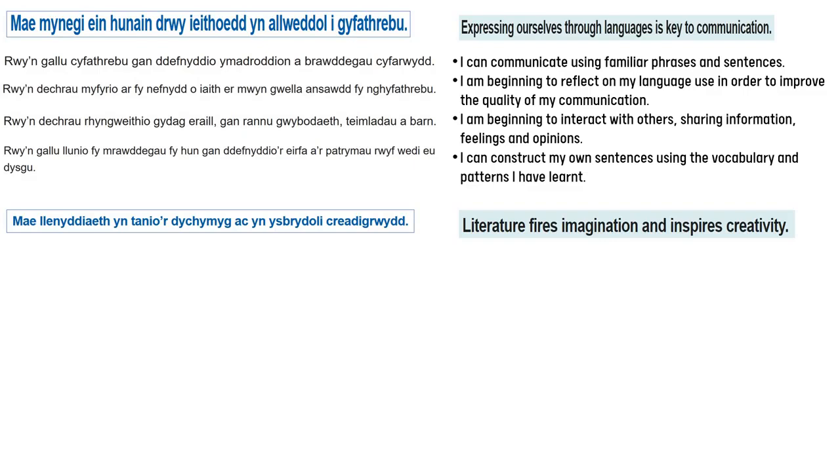But again, using opinions and their feelings about things is a really great hook for having those familiar phrases that they're building over and over again, so that they can construct their own sentences using the vocabulary patterns they've learned that they're used to taking. For example, in Spanish, me gusta, I like, and then putting something else different with it. They're used to the word and, that's going to be the same in each topic, and so on.